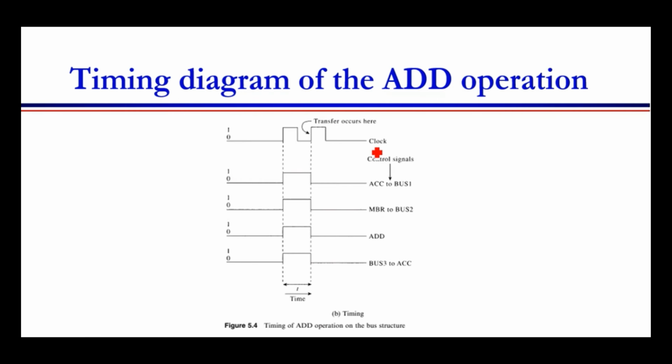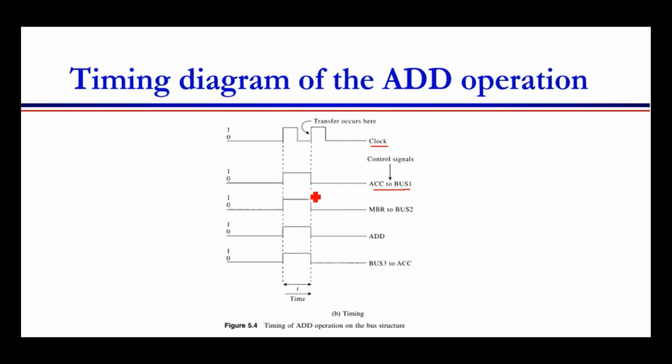Definitely there will be a clock pulse through which all the control signals will be linked. So we have a first clock signal, we have a first control signal, that is accumulator to bus 1.